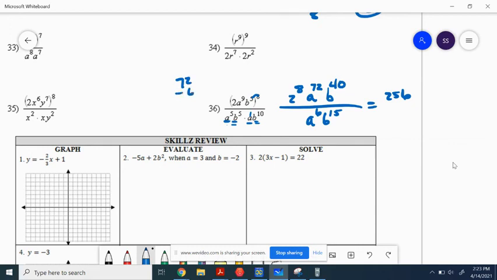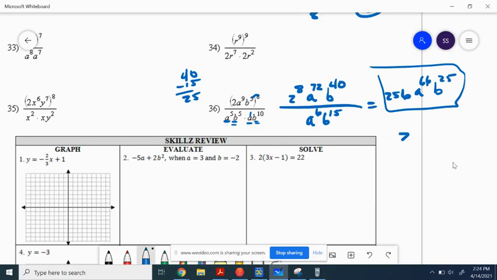So this is going to be a to the 66th power. And do the same thing for b. Subtract the exponents. 40 minus 15 is 25. So b to the 25th power. All right, so that is the final answer. You could have definitely written this or kept this as 2 to the 8th power, a to the 66th, b to the 25th. Either answer is correct, but I wanted to show you both.